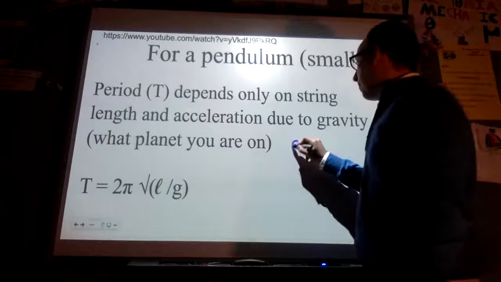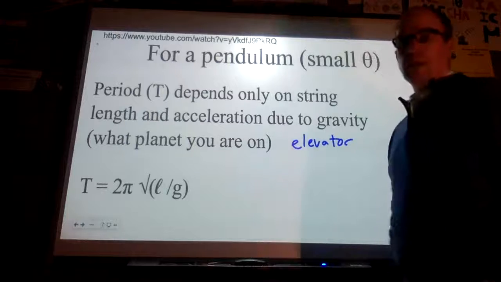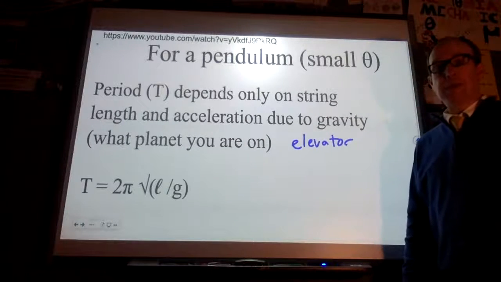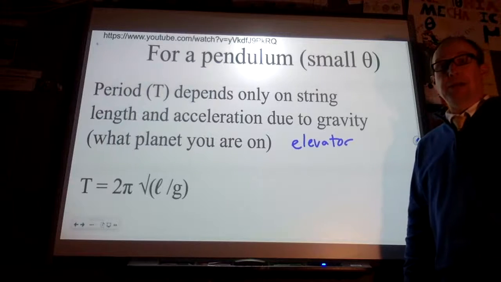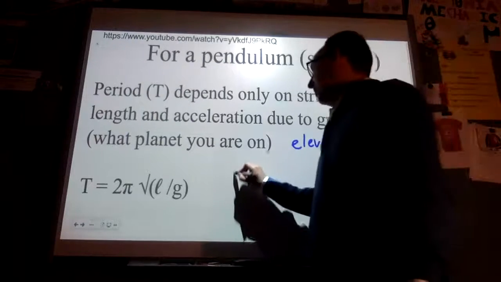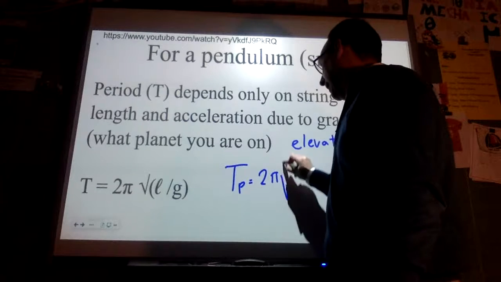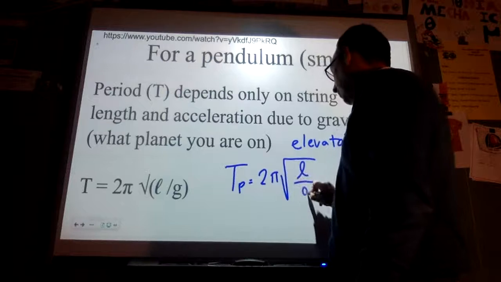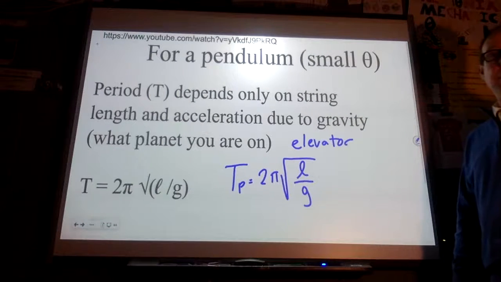And again, for physics, our favorite way to make you be on a different planet is to accelerate you in an elevator. And so our formula is that the period, capital T, P, is equal to 2 pi square root L over G, where this is our acceleration due to gravity of the planet.